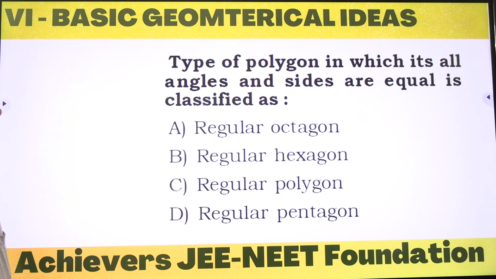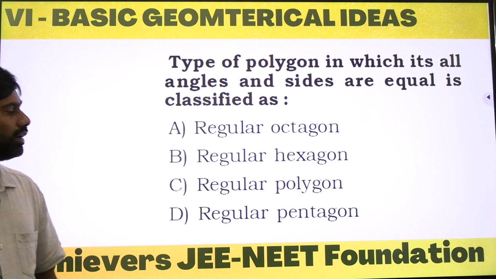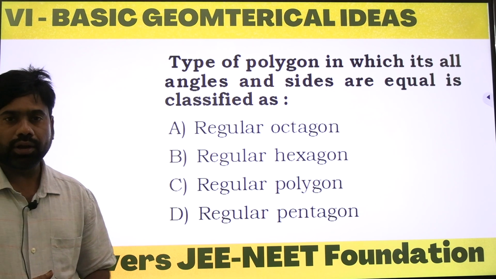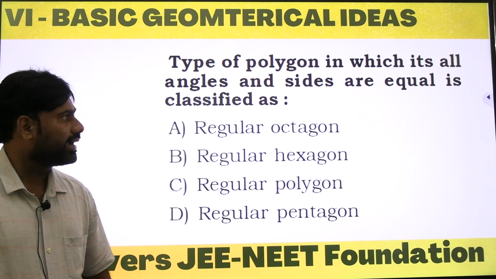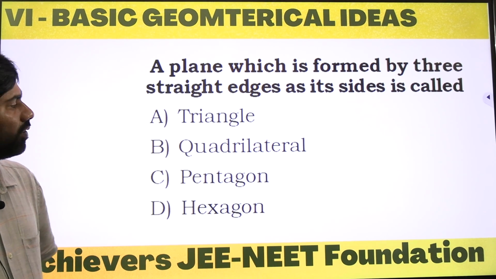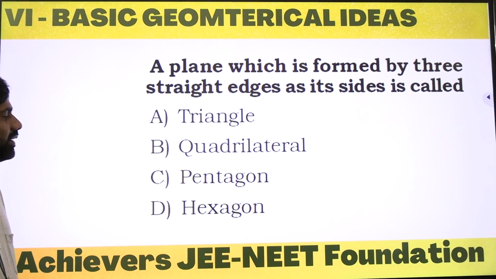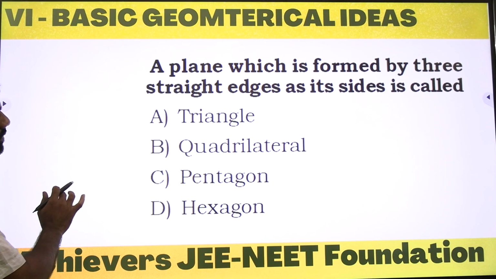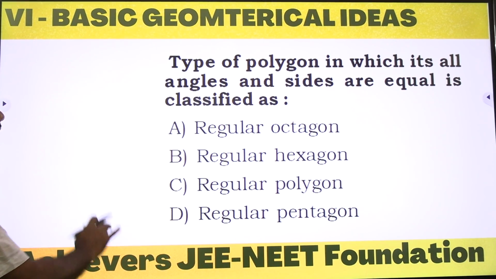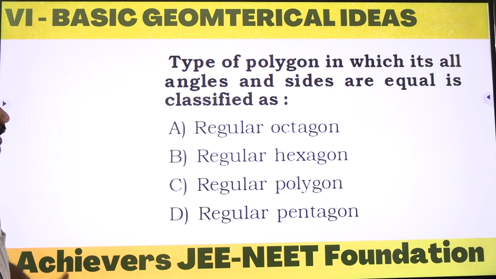Type of a polygon in which all its angles and sides are equal is classified as dash. According to the definition of a regular polygon, a polygon in which all interior angles and sides are equal is called a regular polygon. Therefore, option C, regular polygon, is the correct answer.